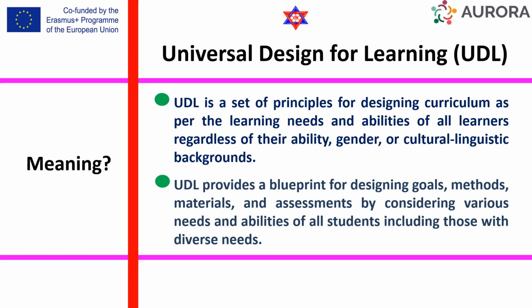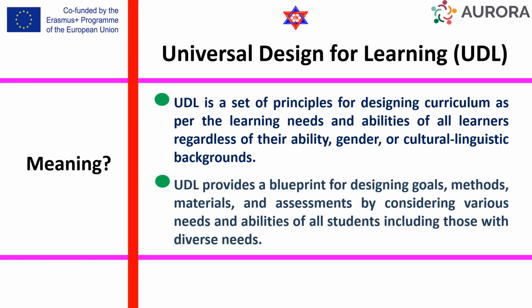It not only caters to individual learning needs but also creates a dynamic and inclusive learning environment. It is rooted in equitable education, welcoming learners of all backgrounds, ages, genders, abilities, and cultural identity.